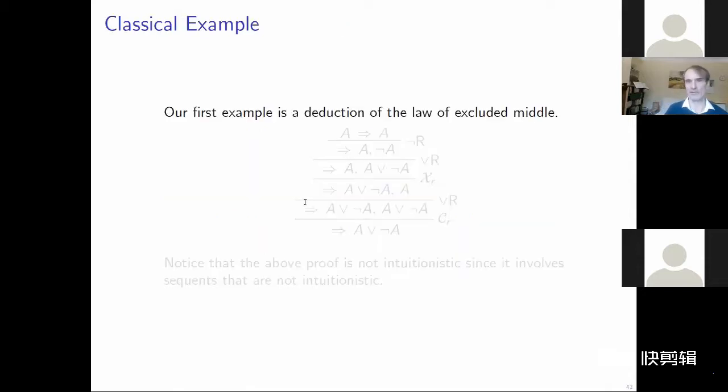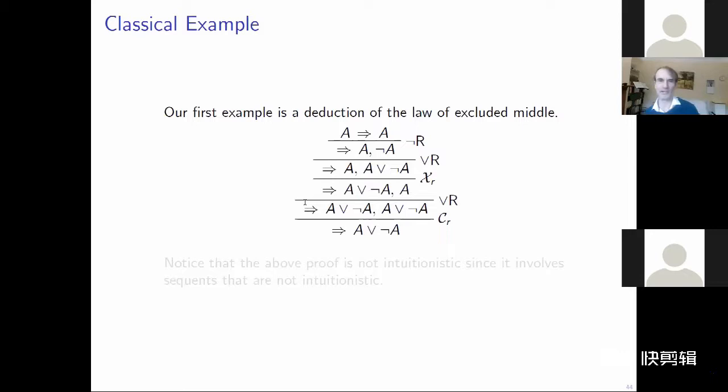And just to give you an example of a deduction in this Sequent Calculus, here we have a deduction of the law of excluded middle. You start out with an identity axiom, A arrow A, then you use a negation to move the A in front of the arrow behind the arrow.